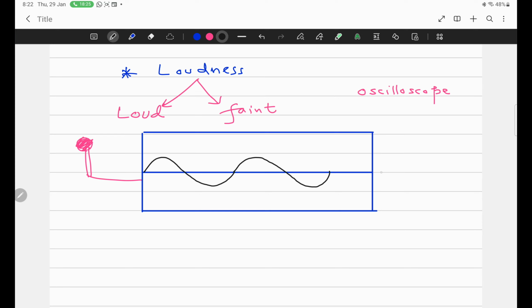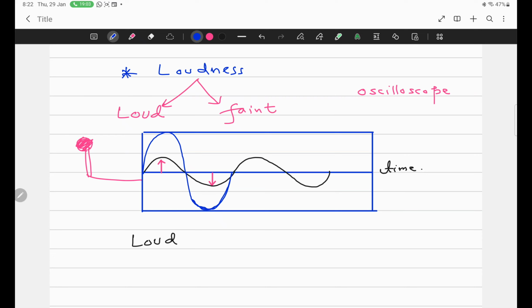In this trace, along the x-axis there is time. And along the y-axis, the height of the wave is called amplitude. So if I ask you to draw a loud sound, sir, a loud sound is always displayed by large amplitude.